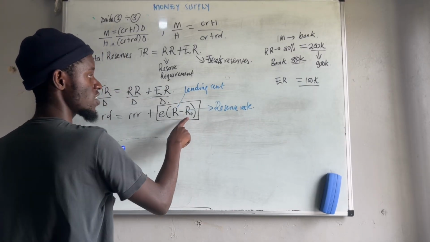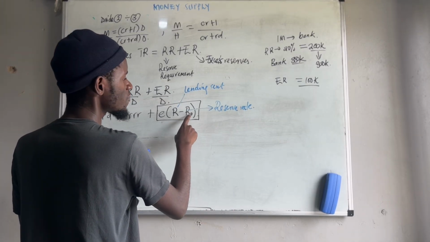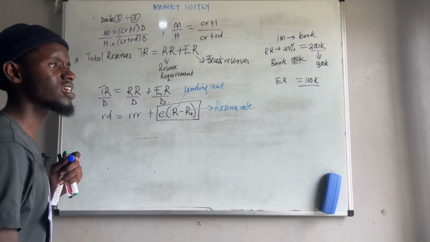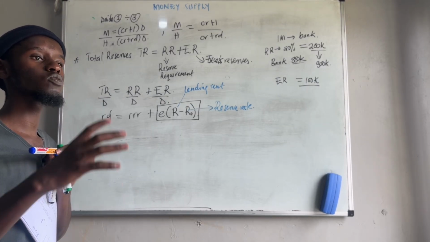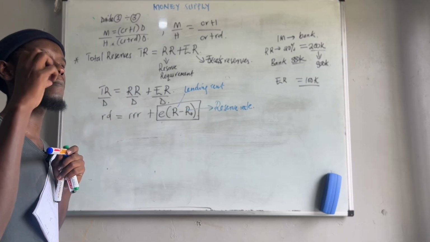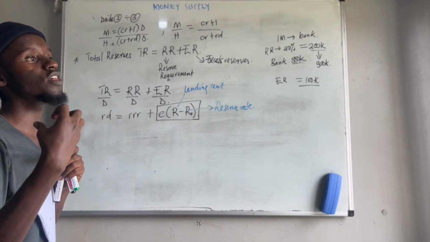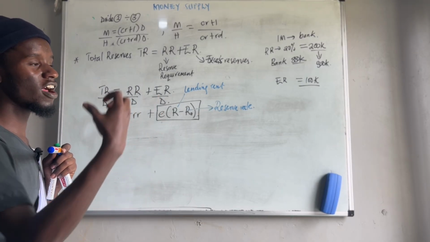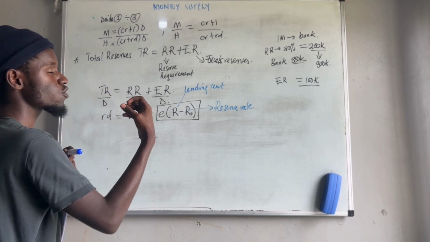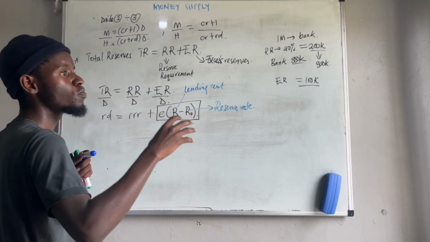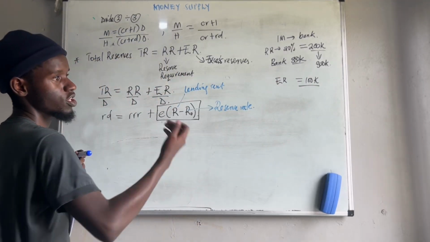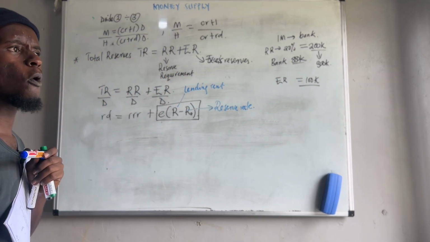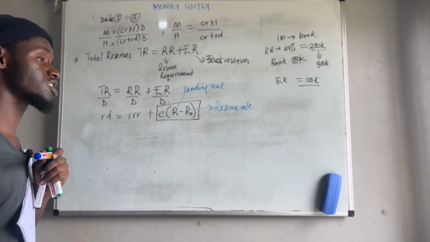Likewise, if the reserve rate is low, what does it mean? It means that the commercial bank has to keep less money with the central bank by law. Therefore, it is left with a lot of money to lend out to the public, and so it will be able to give out excess reserves to the central bank to keep there. Is it making sense? Yes, I think it's making sense.